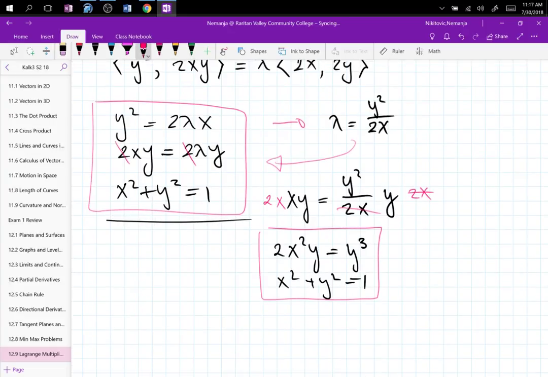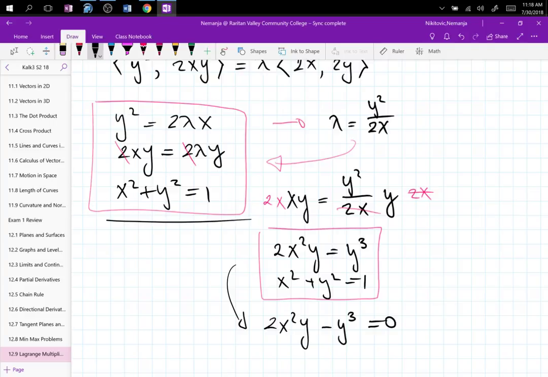So now from the top equation, when I move everything to the left, I have that 2x squared y minus y cubed is equal to 0. This is a standard trick. When you are not allowed to cancel and divide, what you do is you put everything on the left and you factor.